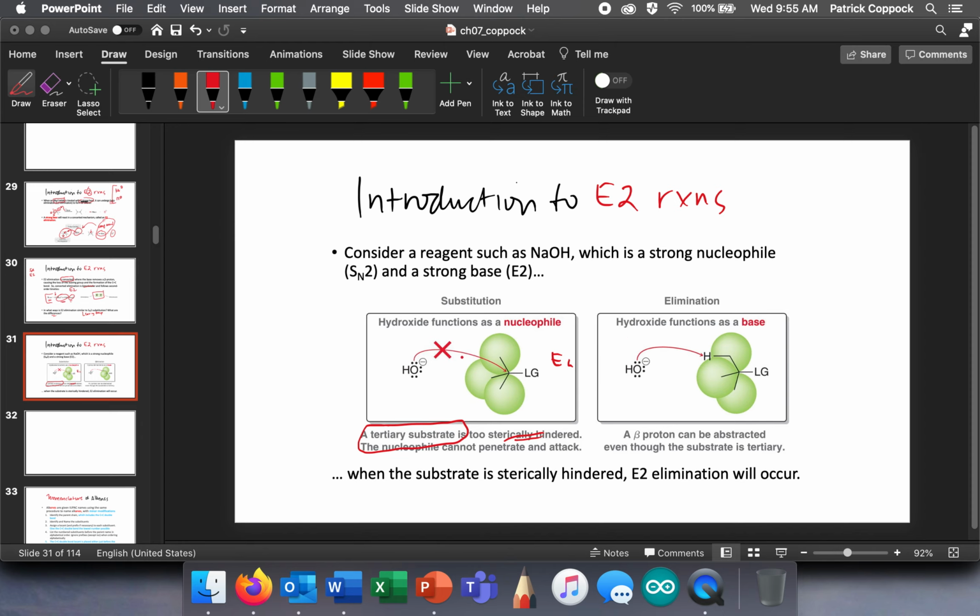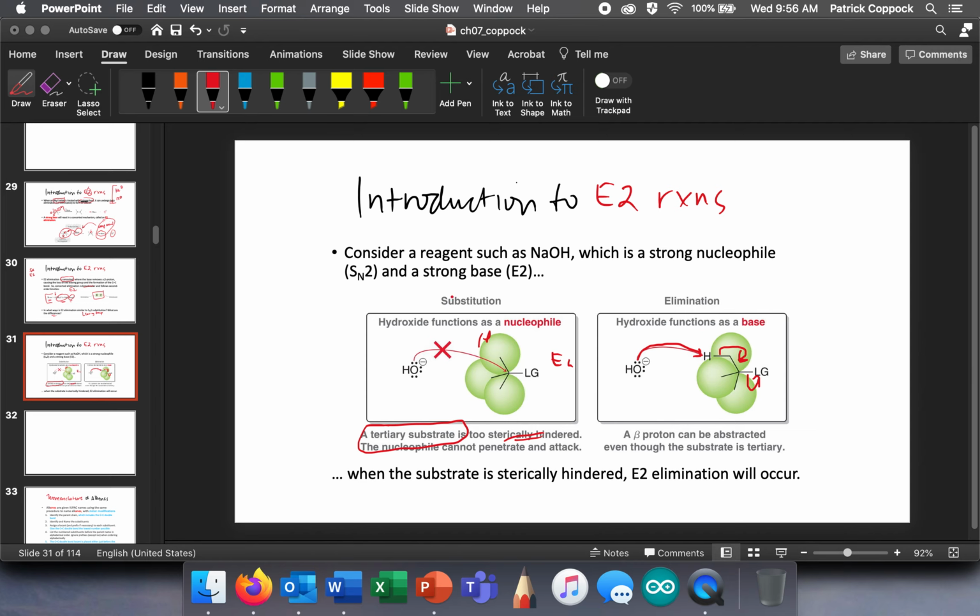So if it's tertiary, then the hydroxide is going to be more inclined to take one of those hydrogens off somewhere. So the hydroxide is now not acting as a nucleophile, it's acting as a base. It takes a hydrogen, leaves its electrons behind, which go there to make a pi bond, and that leaving group leaves.